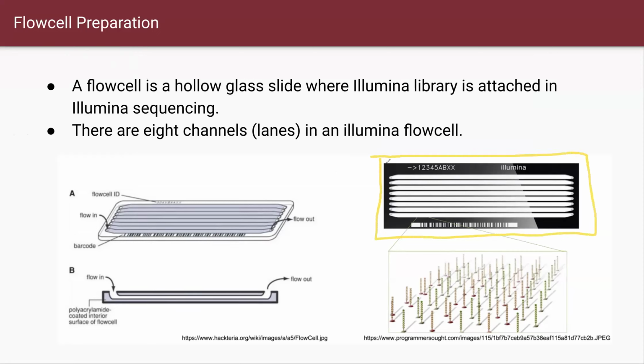You put the samples in this tiny hole onto here. Then you flow, like a swim, to the end of the lane. Then you flow out to here, right? Flow in, flow out, right? And you flow in the library. Then some of the library sits around the stations, because randomly they bind to complementary sequences on here. Then you get all the library bound to here, right? So this is basically how the flow cell works.